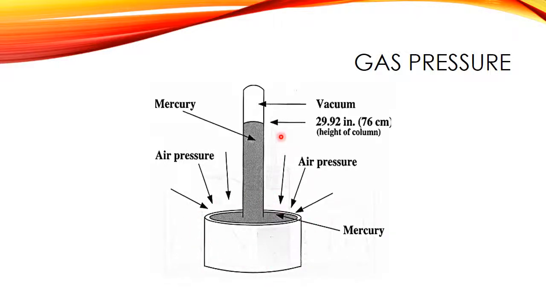And that force from the particles that make up the air is going to push that liquid mercury up the tube. As you can see based on the diagram, it's pushing it to a height of almost 30 inches, which is 76 centimeters, or that would be 760 millimeters.